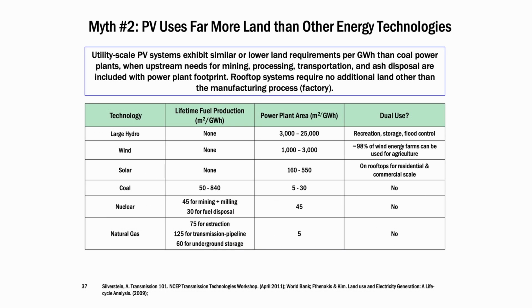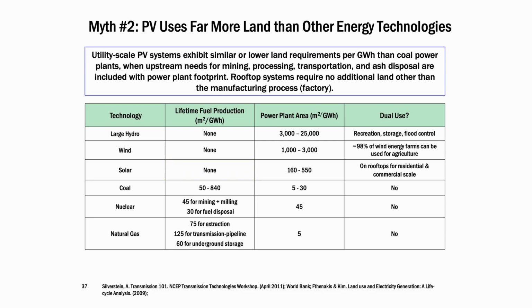Another myth that I commonly hear is that solar projects take up a lot of land. But as we talked about in the environment lecture, it's important to look at the entire life cycle, right? Because solar projects don't have any upstream resource extraction land requirements, or land for the fuel production itself, because the fuel is the sun.